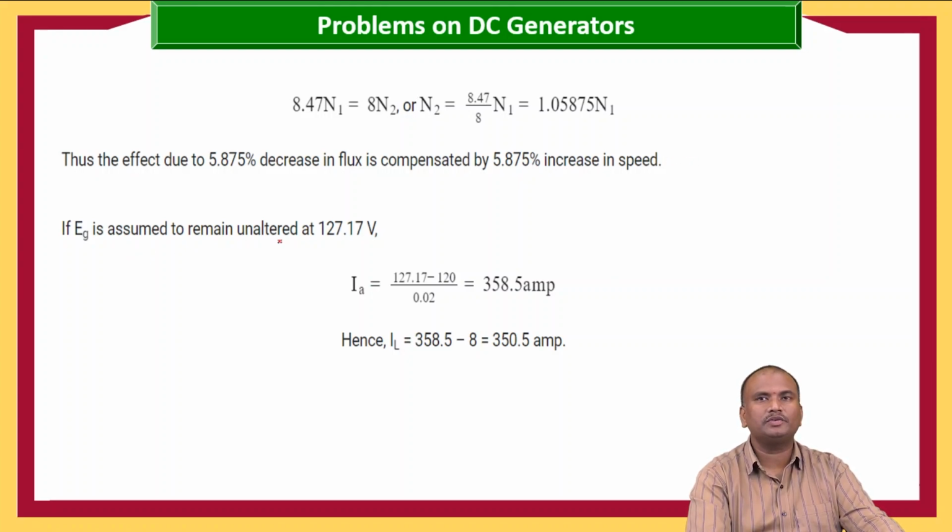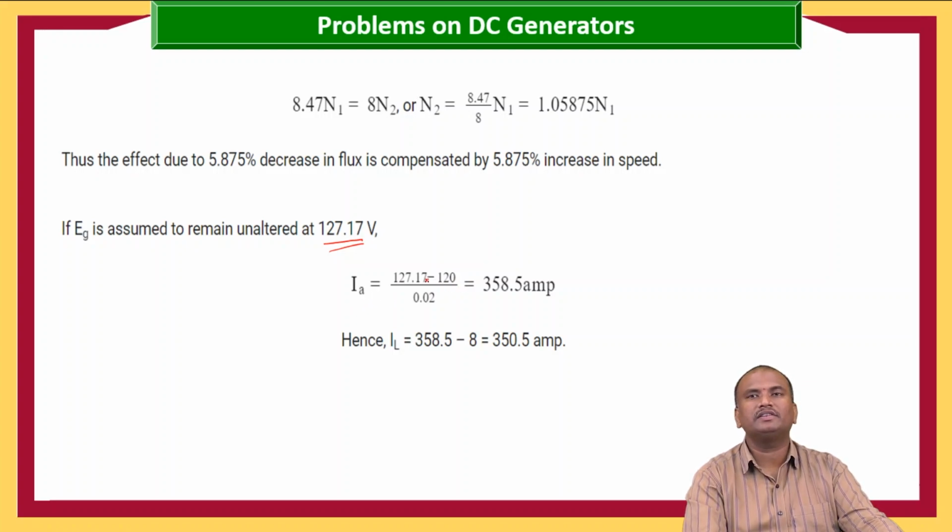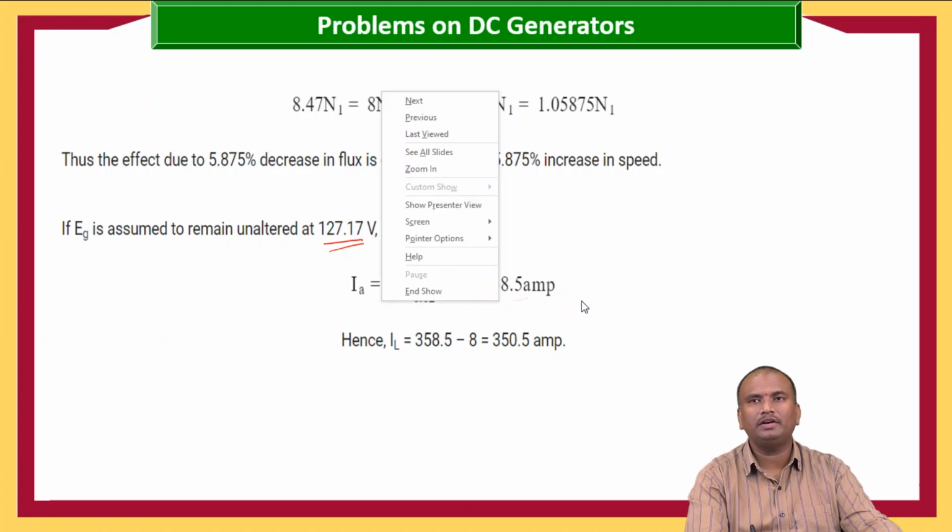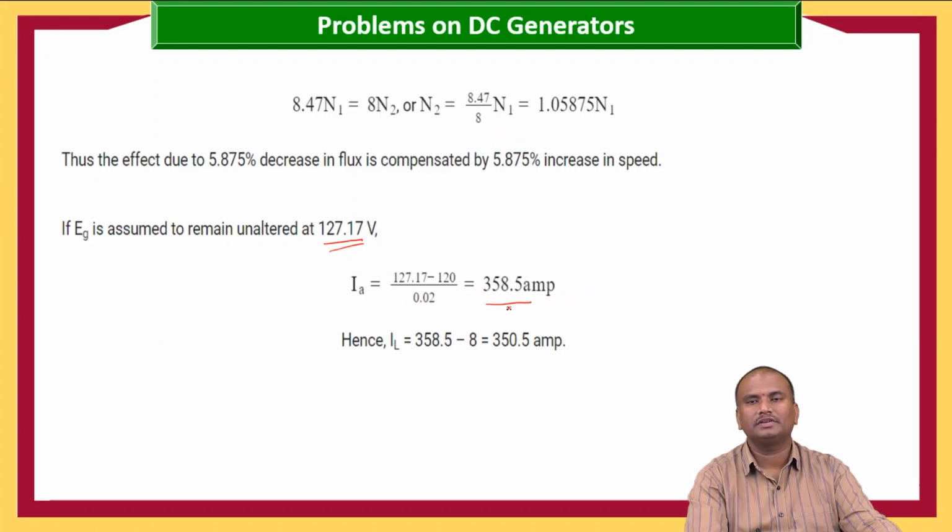If EG is assumed to remain unaltered at 127.17 volts, Ia is equal to 127.17 minus 120 by 0.02, which is equal to 358.5 amperes.